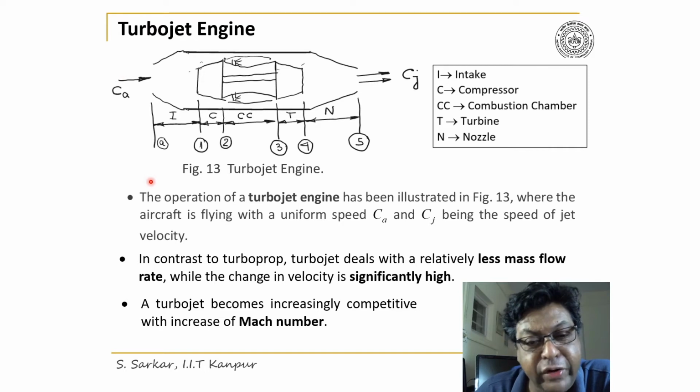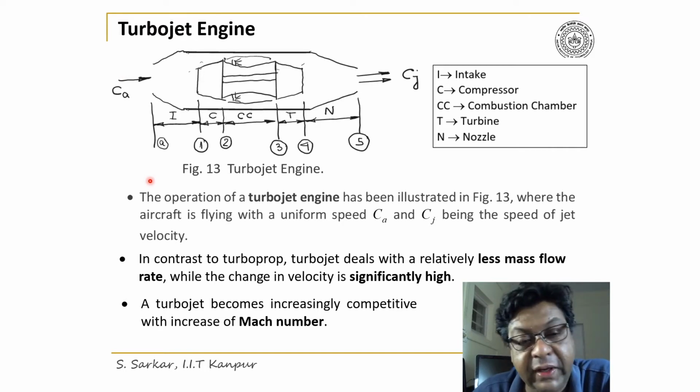The operation of a turbojet engine has been illustrated by the schematic figure 13, where the aircraft is flying with a uniform speed CA, and CJ is the speed of the jet which produces the thrust.